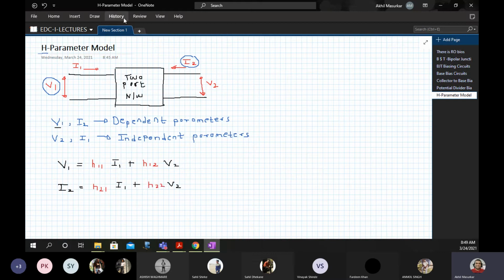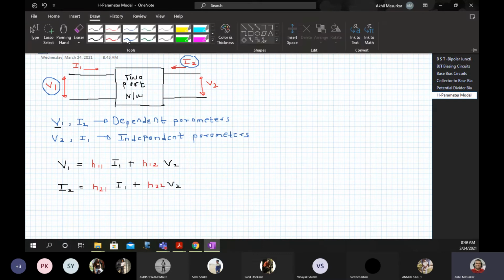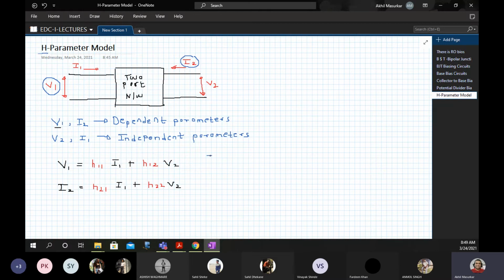So basically we can write this way also, that is V1, I2 is equal to the matrix H11, H12, H21, H22 into the matrix I1 and I2.